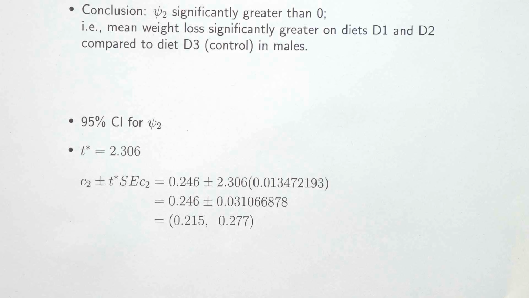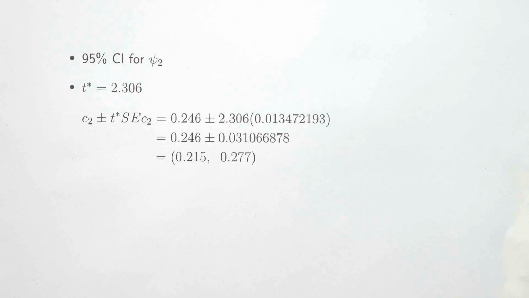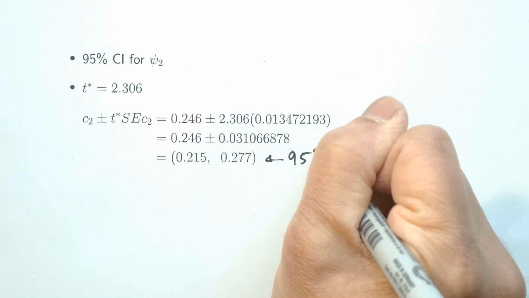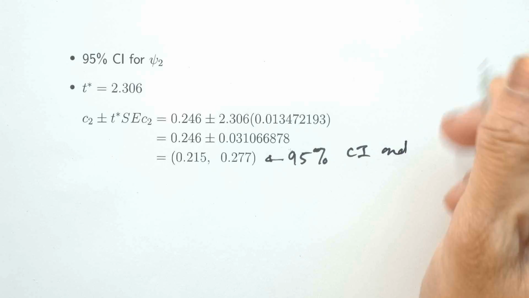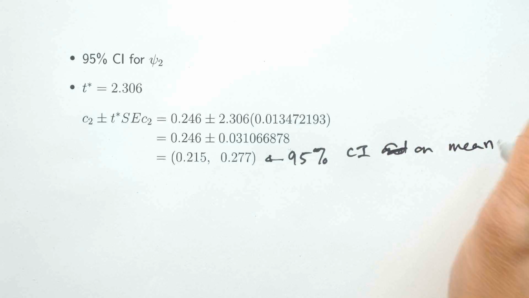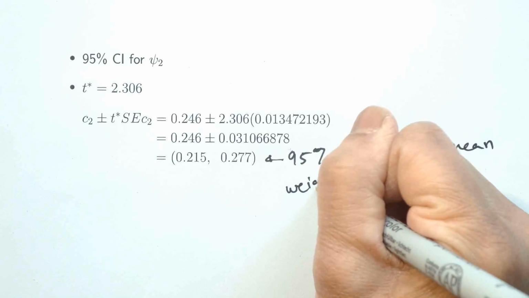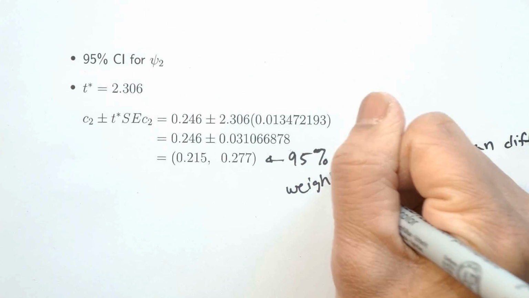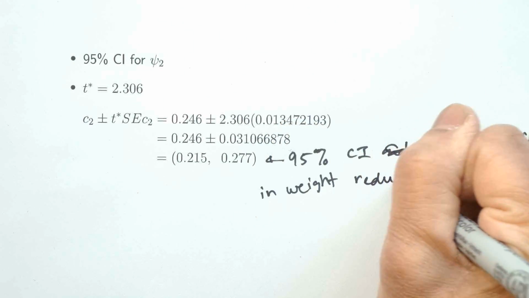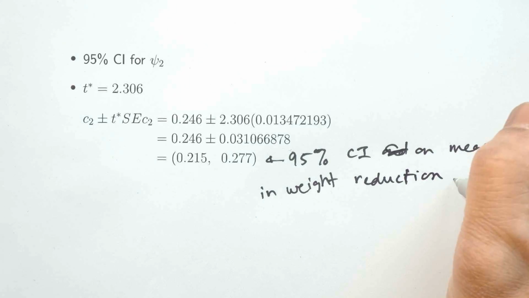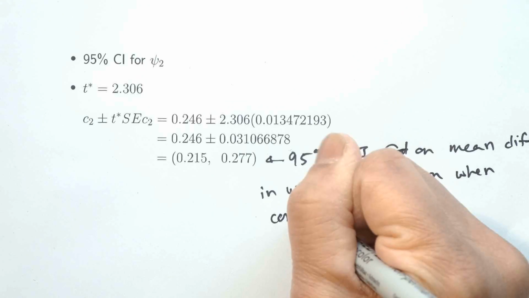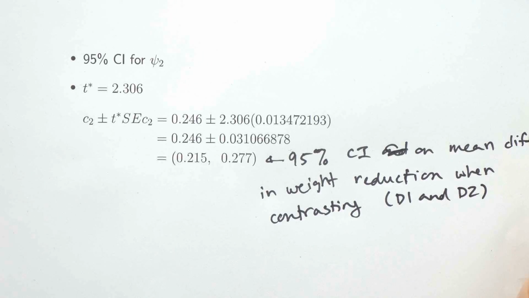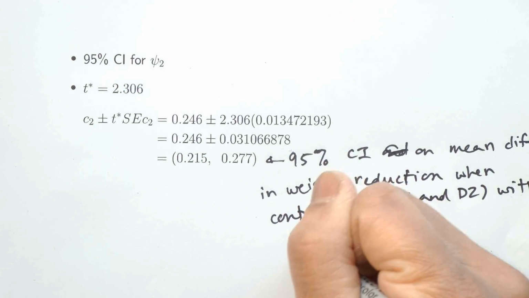There are a couple of points to make here. So this is the 95% confidence interval on the mean difference in weight reduction when contrasting D1 and D2 with D3.